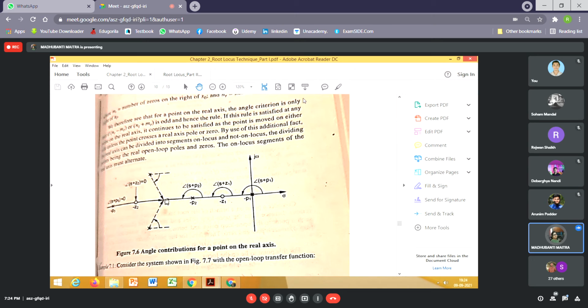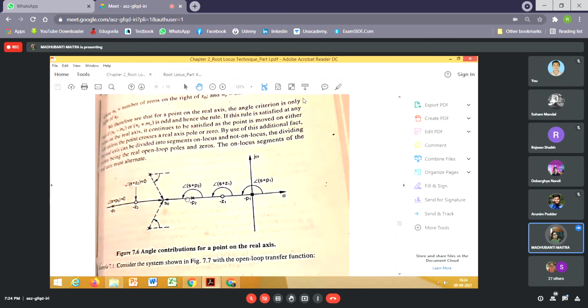Because if I shift the point to this position, you see the number of real open loop poles plus real open loop zeros is odd. The number is odd, so this point will also be an on locus point. Again, if I shift the point towards left, the point will be an on locus point. How long?